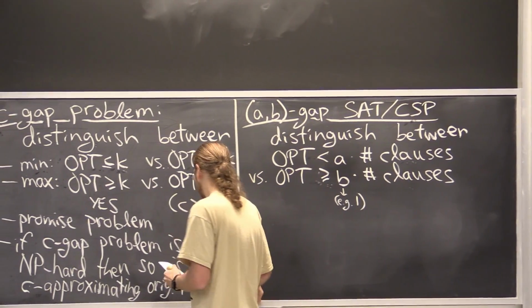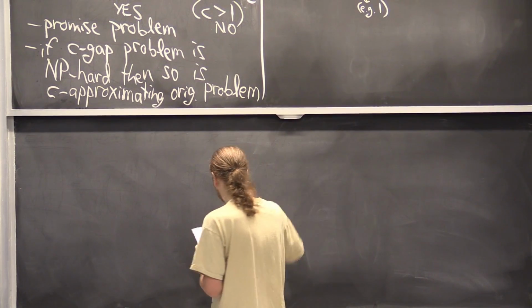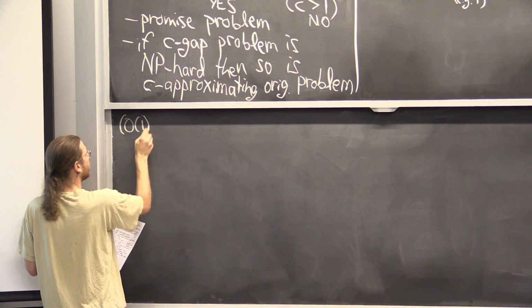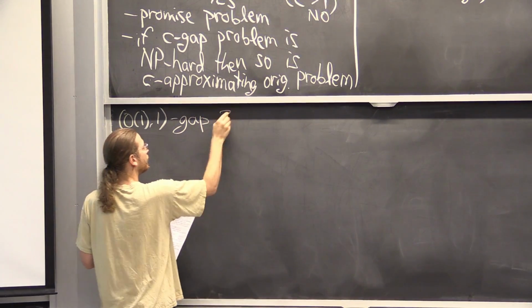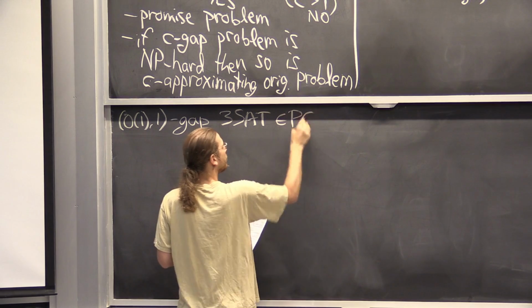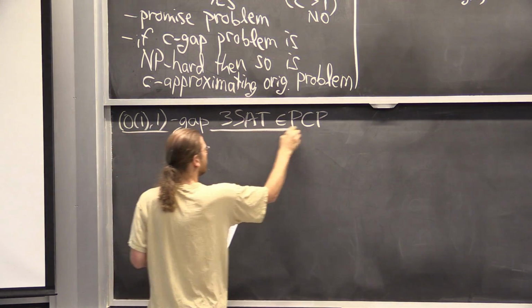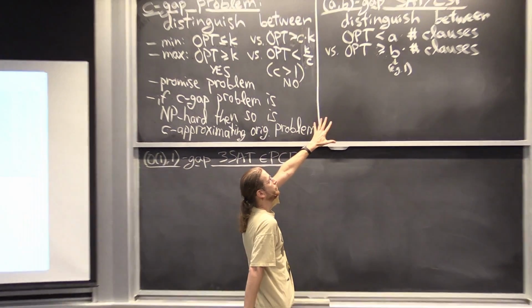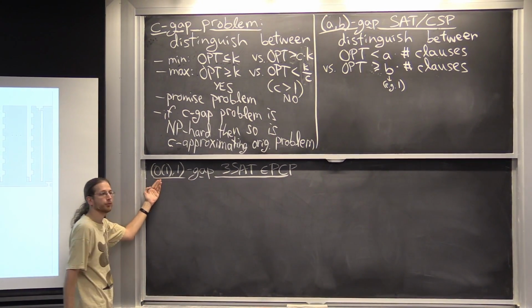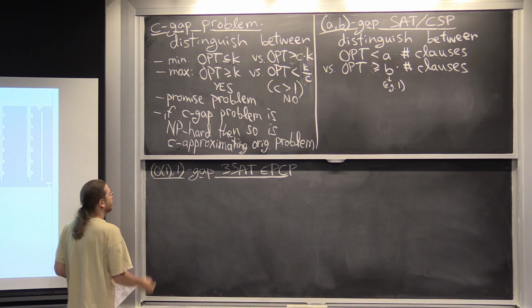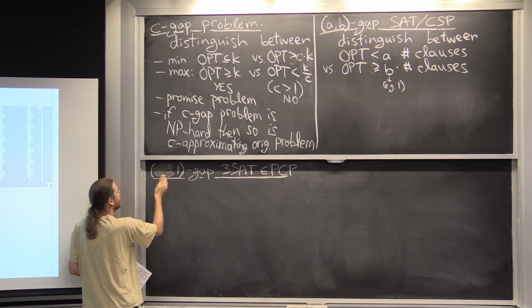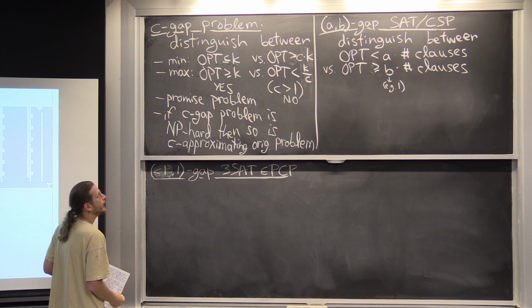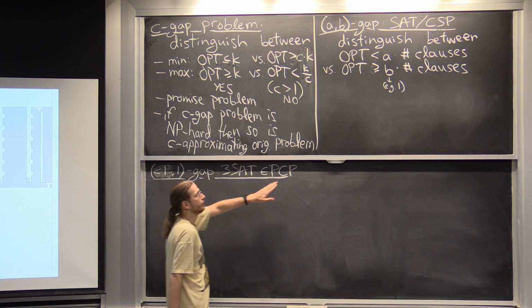Now let me relate it to gap problems. The first claim is that if we look at this gap SAT problem, where b equals 1 and a is some constant, strictly less than 1, then I claim that problem is in PCP.